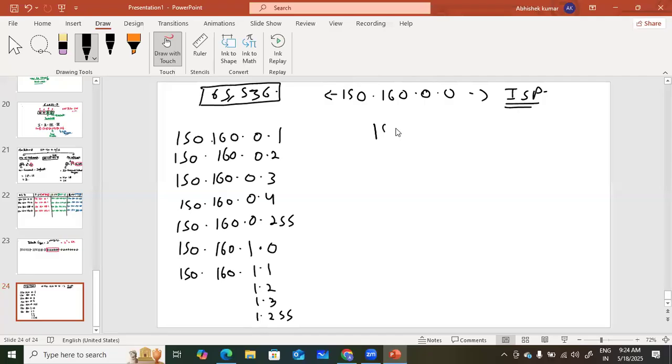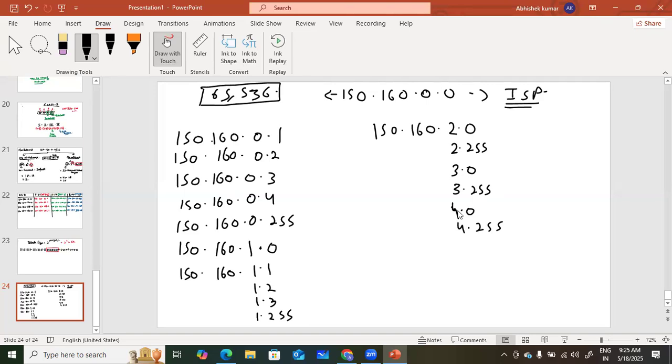Now comes 150.160.2.0, then 2.255, 3.0, 3.255, 4.0, 4.255.